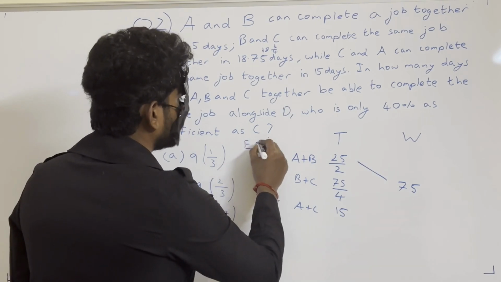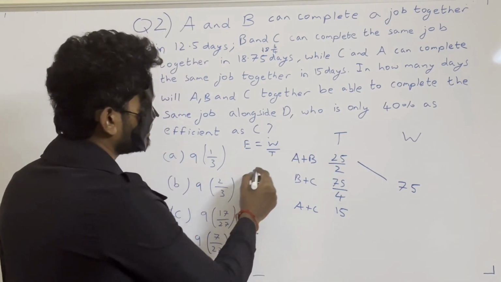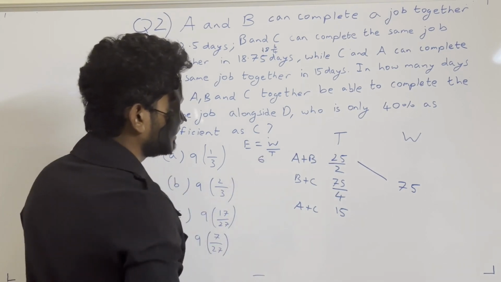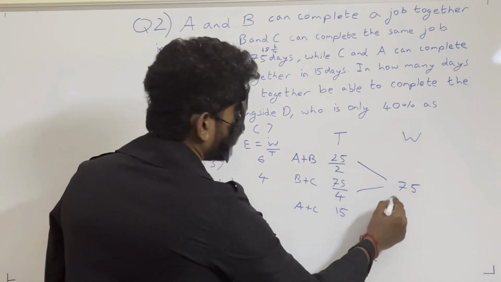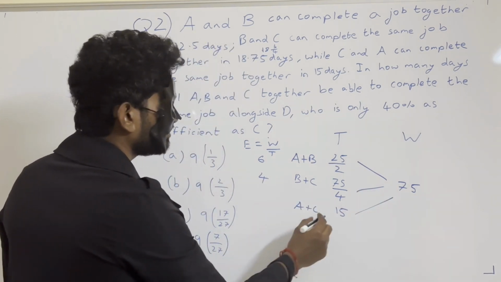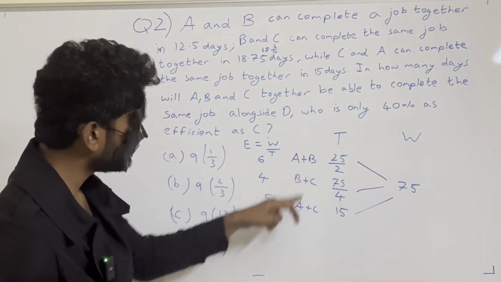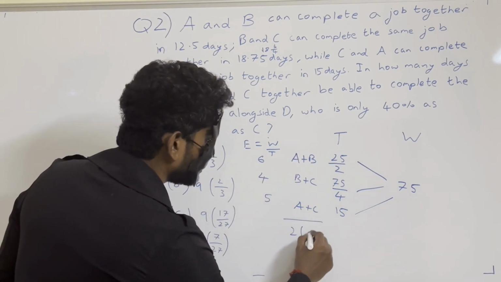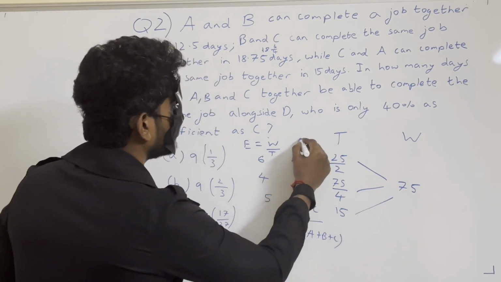Efficiency is nothing but work done by time taken. So efficiency of A plus B is 6, efficiency of B plus C is 4, and efficiency of A plus C is 5. Now if you add all these, A plus B, B plus C and A plus C, you will get twice of A plus B plus C, which is also efficiency.